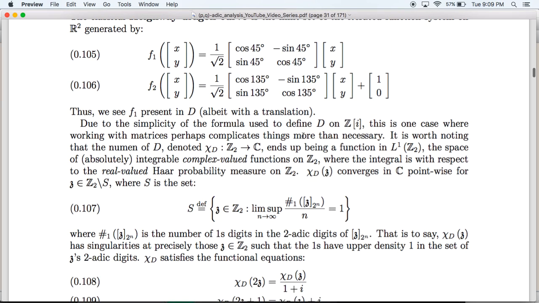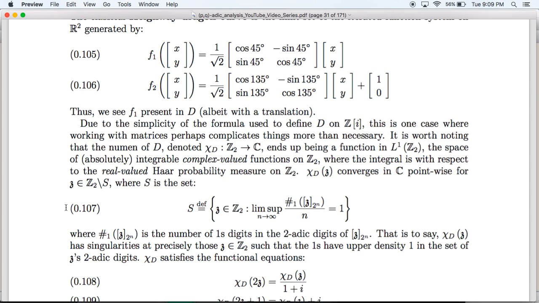In particular, due to the simplicity of the formula used to define D on Z[i], this was one case where working with matrices might complicate things a little bit more than necessary. So the Newman function of D, denoted chi_D, ends up being a complex valued function on Z_2, and it actually ends up being in L1, by which I mean the space of absolutely integrable complex valued functions on Z_2, where the integral is with respect to the real valued 2-adic Haar probability measure.